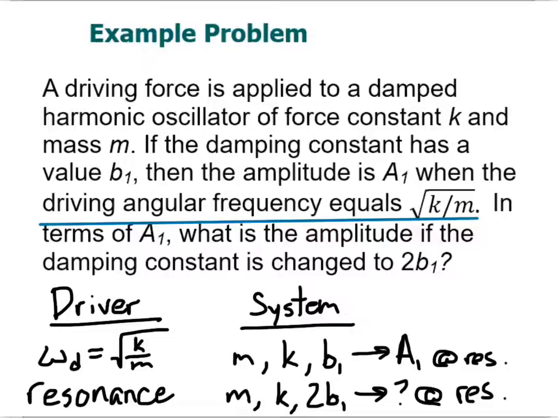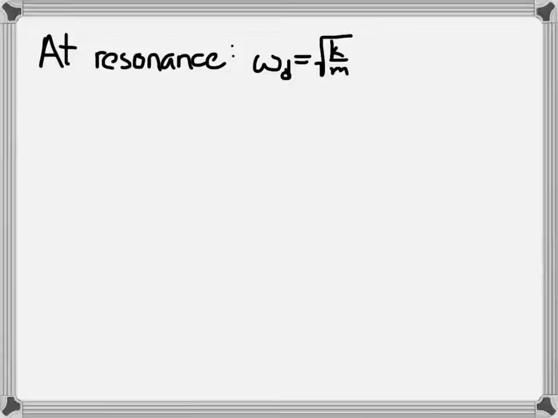So let's think about what we know about amplitude when something is at resonance. At resonance, we know that omega d is equal to the square root of K over M. We also know that the amplitude is F max divided by B times omega d, the driving frequency.